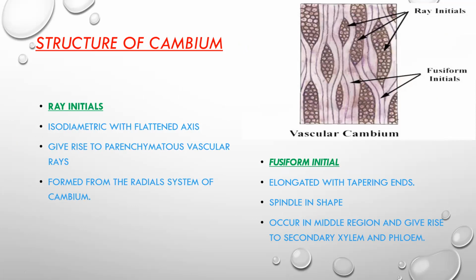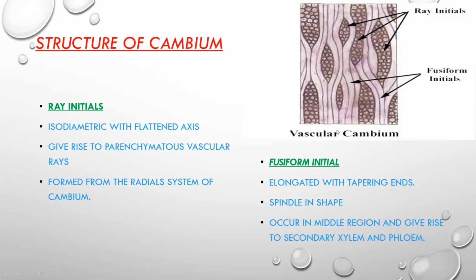So ray initials mainly give rise to parenchymatous vascular rays, that is xylem parenchyma and phloem parenchyma, whereas fusiform initials are elongated with tapering ends, spindle shaped, and occur in the middle region, and they give rise to secondary xylem and secondary phloem.